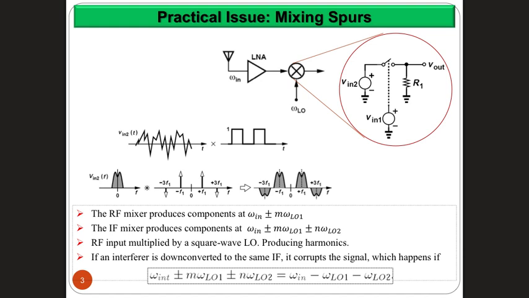So the design of mixers is one of the most difficult ones, specifically to get good characteristics out of them. And we'll see that later when we talk about the design of mixers themselves. Okay, so we'll come later in the course to discuss the design of mixers. We will go back to this spurs issue and also other difficulties in mixer design.